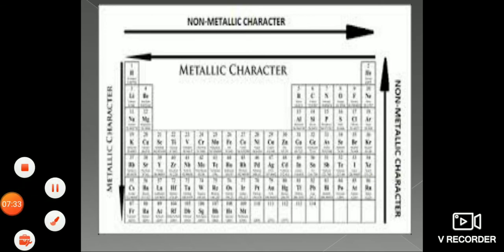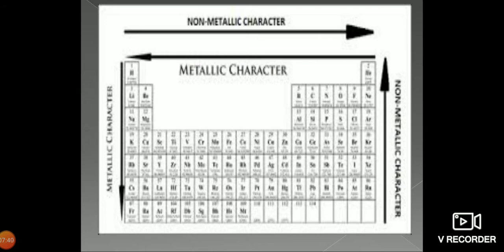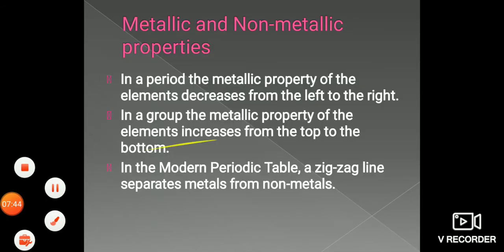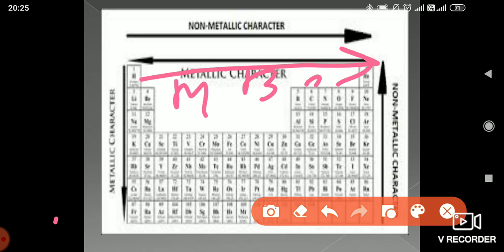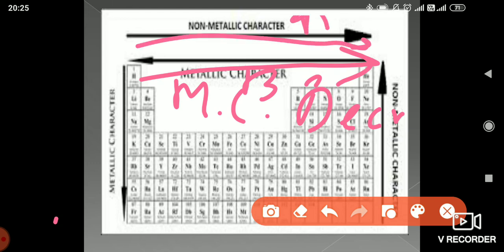Just now we have studied that if you move from left to right, the metallic character is decreasing, and it means the non-metallic character is increasing.